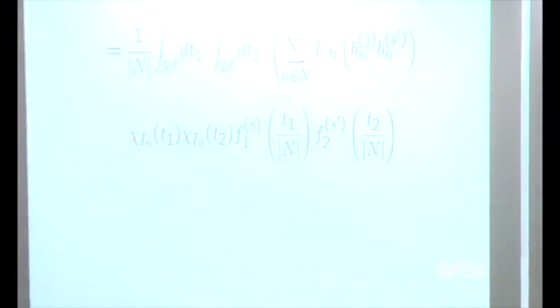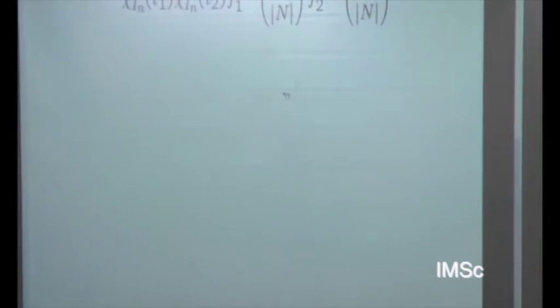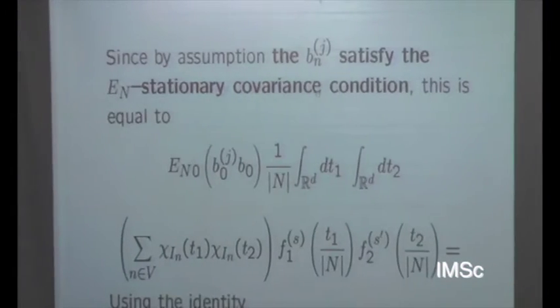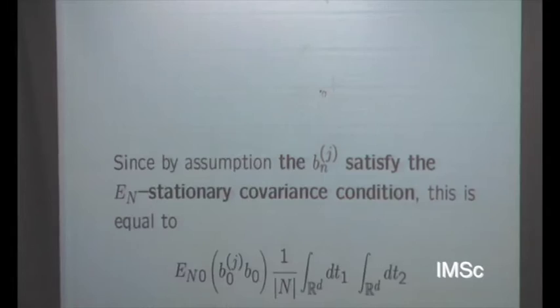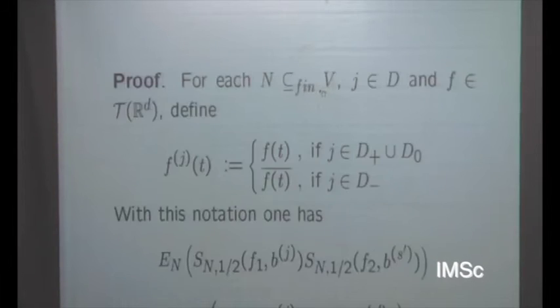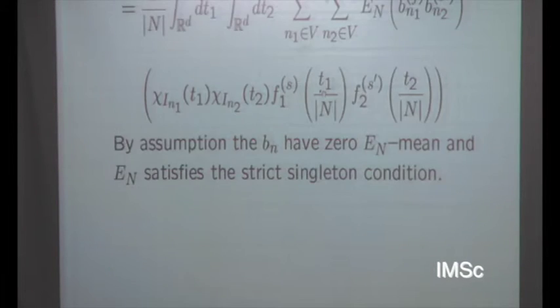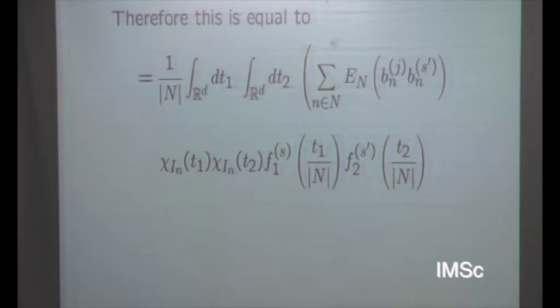So we do stationarity. With the stationarity assumption, we can bring outside, you see, we have this sum over n, and here is n. But with the stationarity assumption, this covariance will not depend on n. And so I can take this expectation and bring it out.